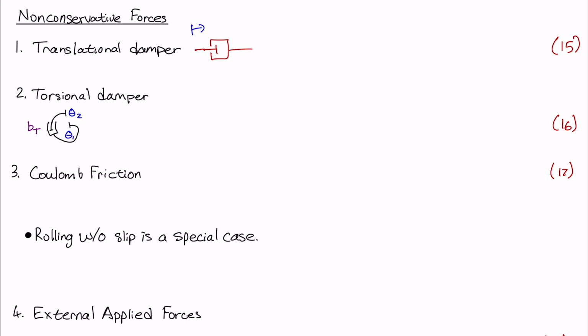We care about the velocity at each end, so we'll call this x dot, we'll call this side y dot, and we'll give it a coefficient of b. And in general here, the work done by this damper is going to be b times the integral from t1 to t2 of delta dot squared d tau.